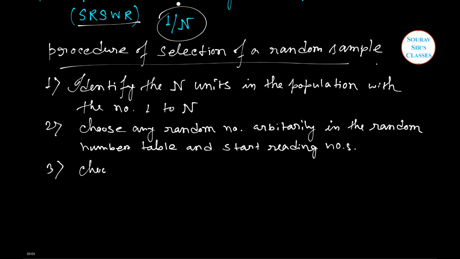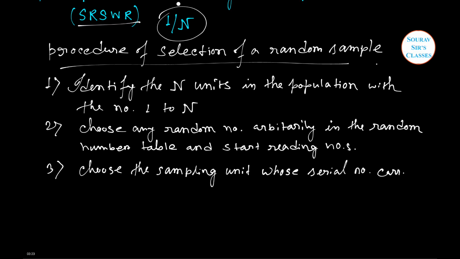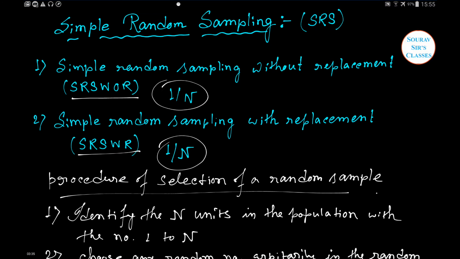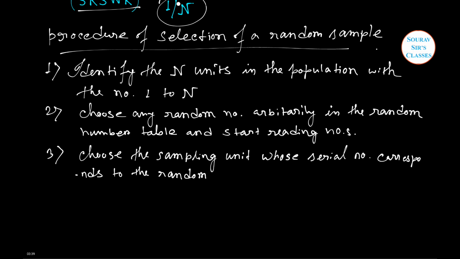Step 3, choose the sampling unit whose serial number corresponds to the random number drawn from the table of random numbers.